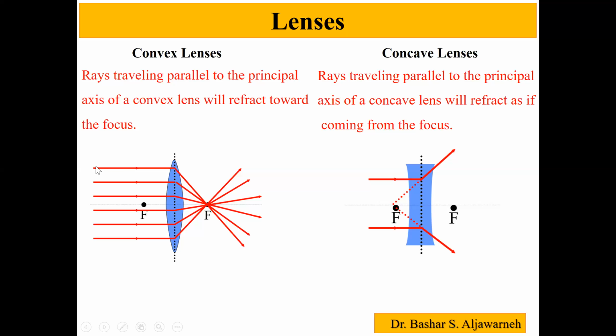So parallel light striking the lens experiences what's called refraction, and the refracted ray should pass through a certain point. Take another parallel ray, and the refraction passes through the same point, then a third ray, a fourth ray, and so on.